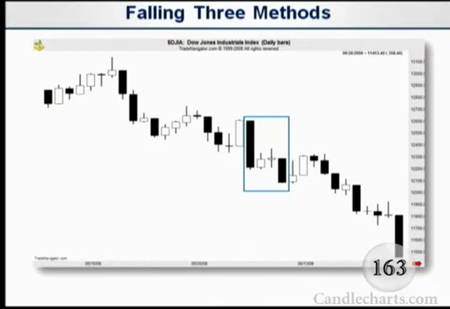It doesn't have to be within the real bodies, as long as it's hovering within the shadows. Okay, so maybe if this was a longer black real body, let's imagine the black real body was up here. And this close was down under here, that would be a falling three methods. It wasn't, but I just wanted to show you what it would look like visually. Okay, so this is one of the continuation signals.